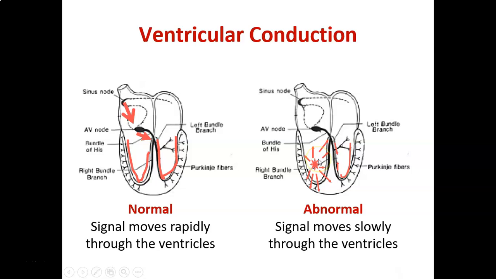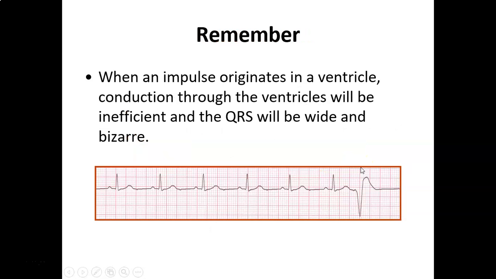As it's not following the normal conduction pathway, the flow of electricity within the myocardium from one ventricle to the other ventricle is relatively slow. So remember, when an impulse originates in a ventricle, conduction through the ventricles will be inefficient and the QRS complexes will be wide and bizarre.